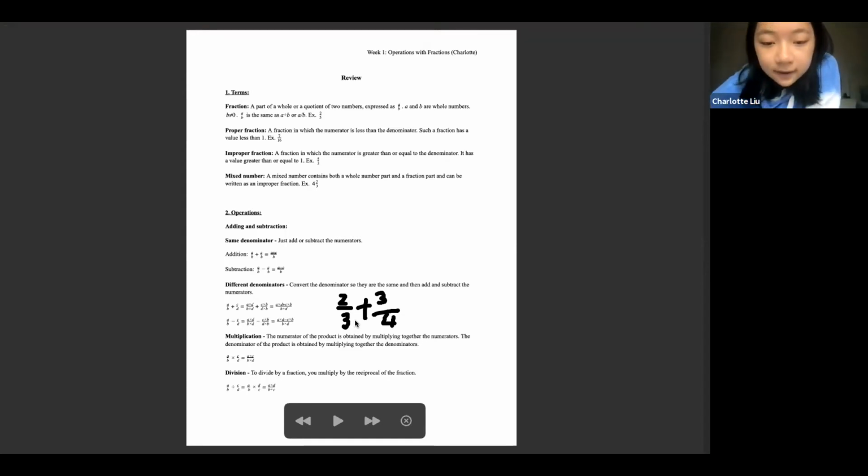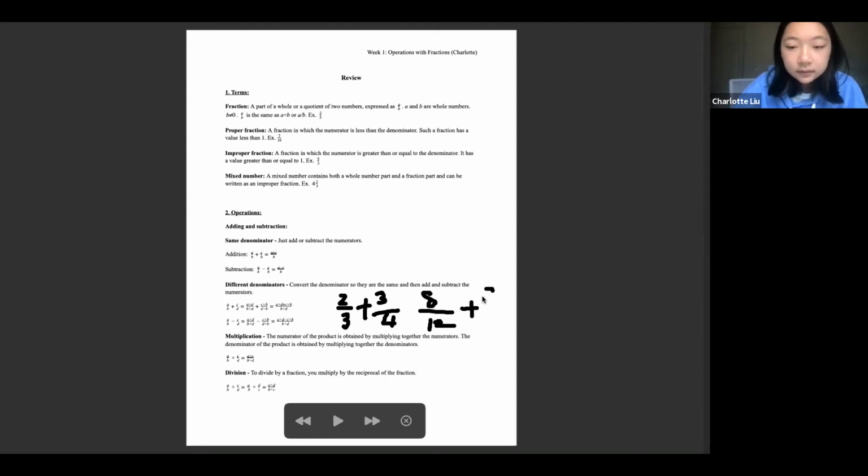If you multiply the numerator and denominator of a fraction by the same number, it will be equivalent to the original fraction. So you can multiply the first fraction by 4, and you will get 8 over 12. And the second fraction, you can multiply the numerator and denominator by 3, and you'll get 9 over 12. And now you just add the numerators, and you'll get 17 over 12.